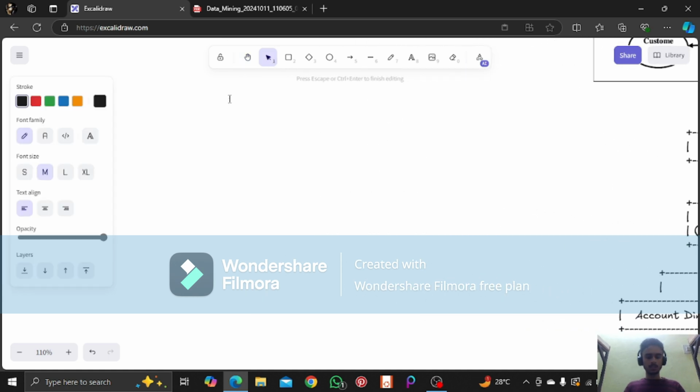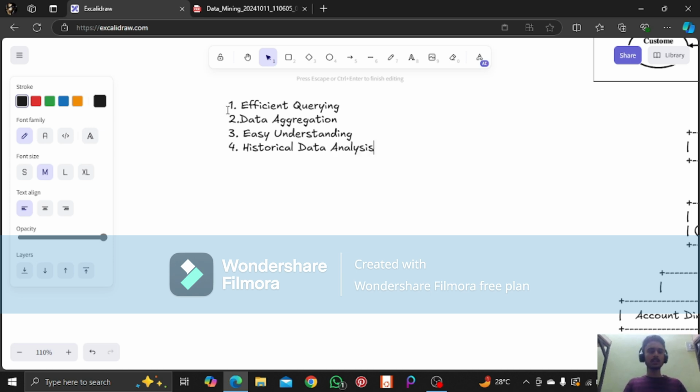Number one is efficient querying, then data aggregation, then easy understanding, and then historical data analysis. So basically, these are the key benefits of using a star schema in banking.